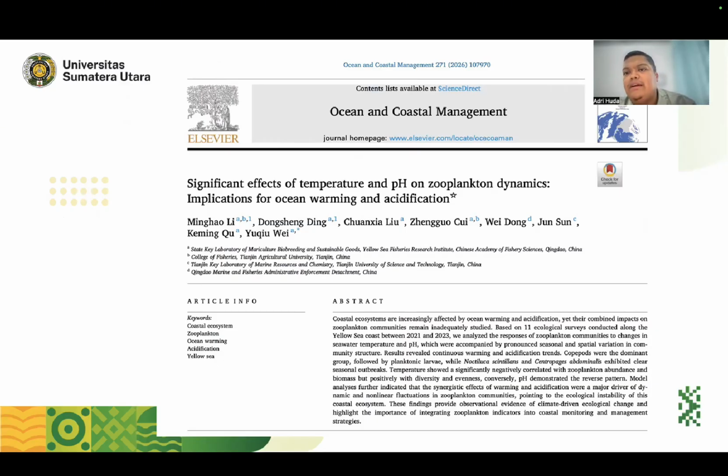So again, this is not a good fact, and most environmental engineering students should think about how to prevent those phenomena.